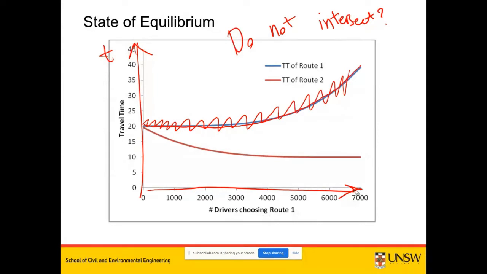And the equilibrium point is actually here, where all the 7,000 people will choose, actually not here. This is x1, so this is t2.